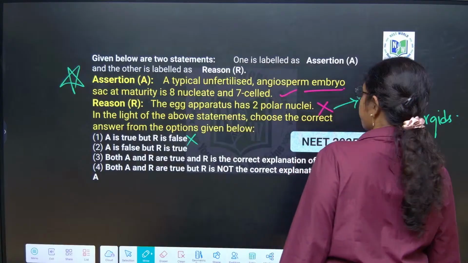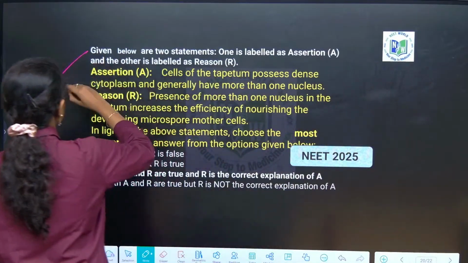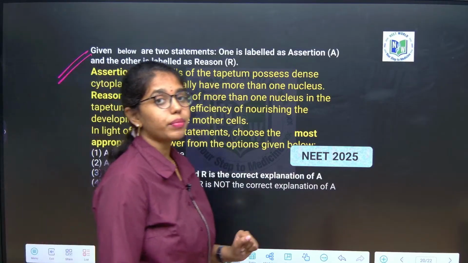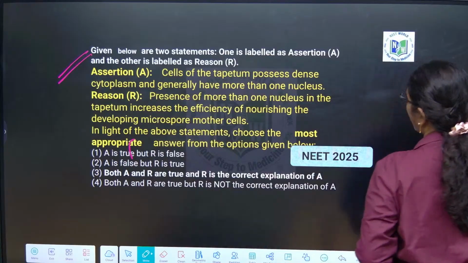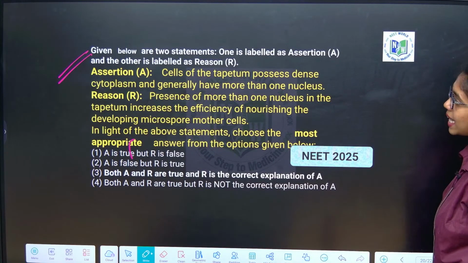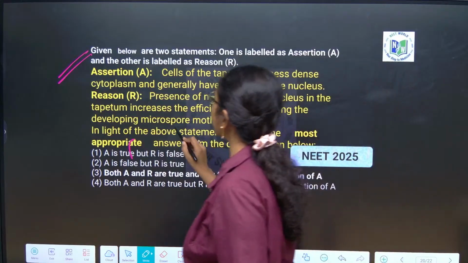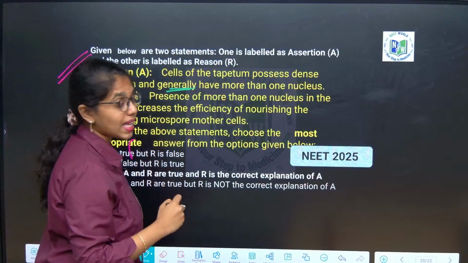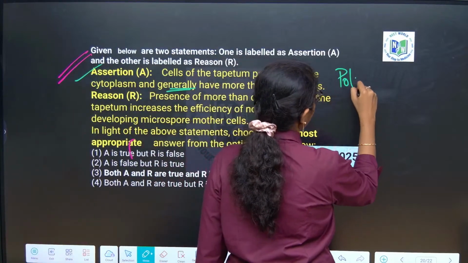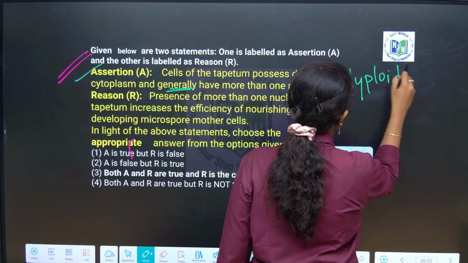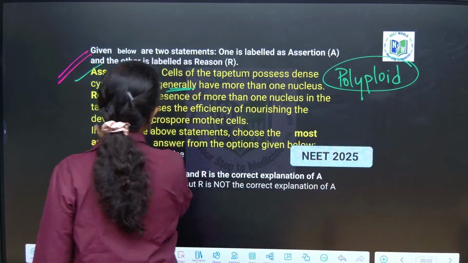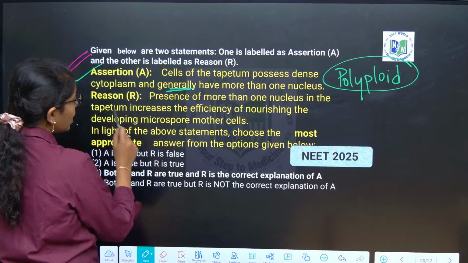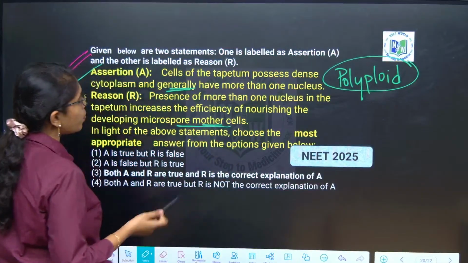Next question. Again an assertion reason question in the year 2025. Cells of tapetum, this is from the anther wall layer. Cells of tapetum possess dense cytoplasm and generally have more than one nucleus. True? Tapetum is having polyploid condition. Next, presence of more than one nucleus in the tapetum increases the efficiency of nourishing the developing microspore mother cell.